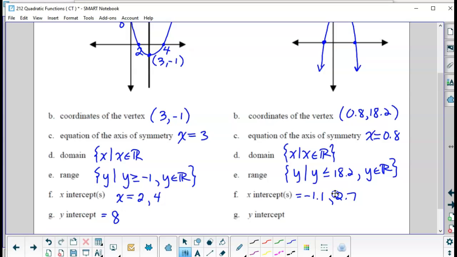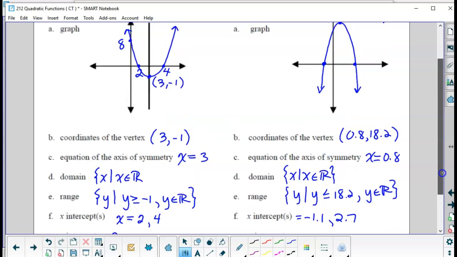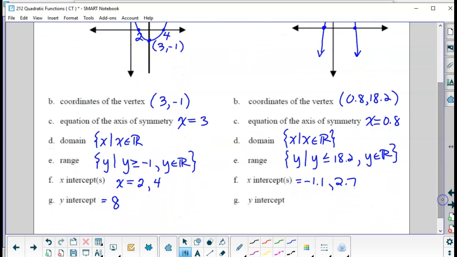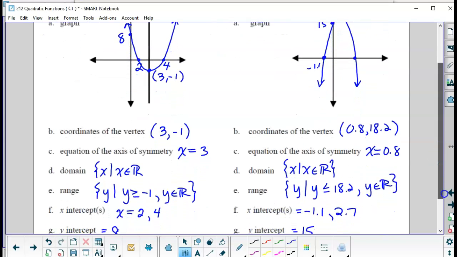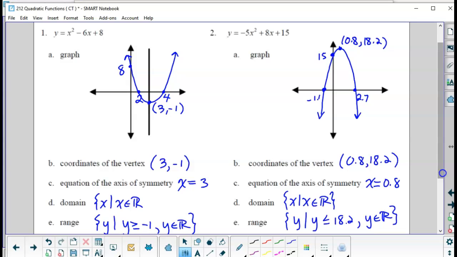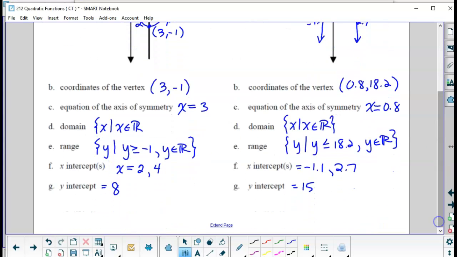Again, no brackets around that because it's not coordinates of a point. Y-intercept, you don't even need your calculator. It's going to be 15. Okay, so this would be 15. This is negative 1.1. This is 2.7. Okay, and so we're done with those.